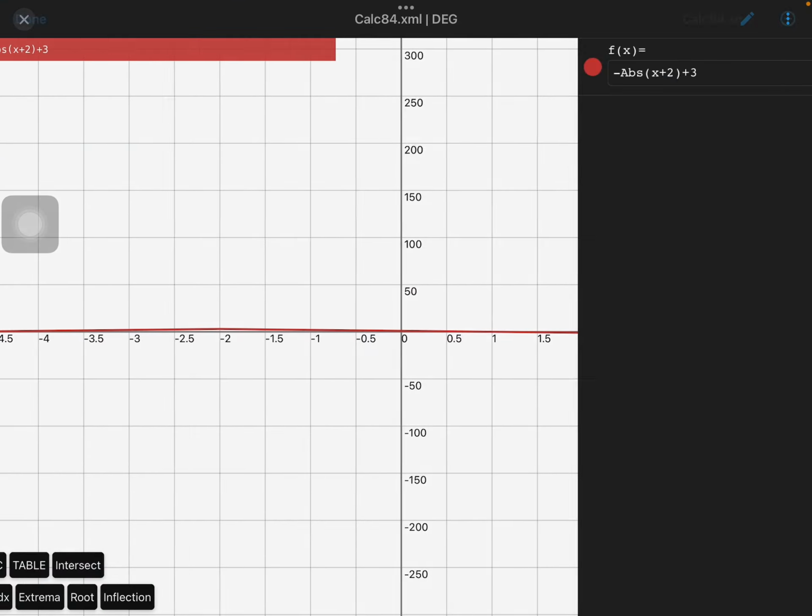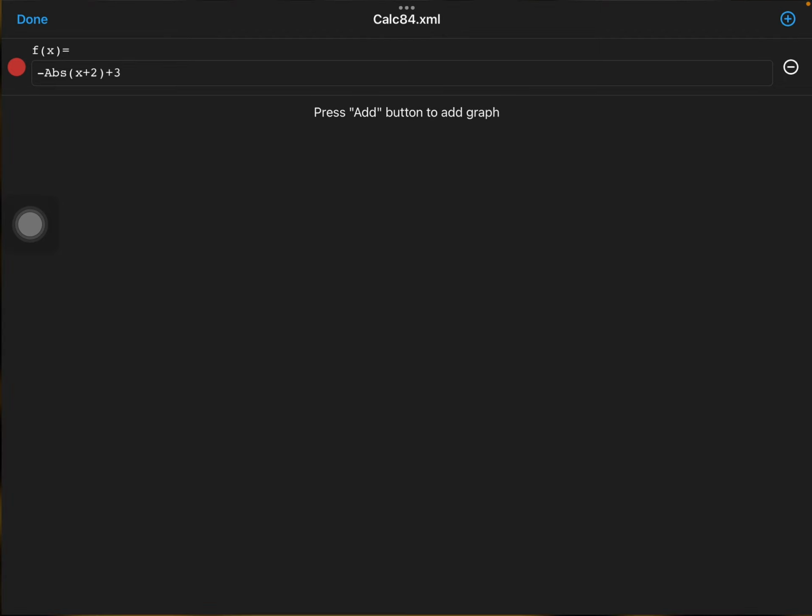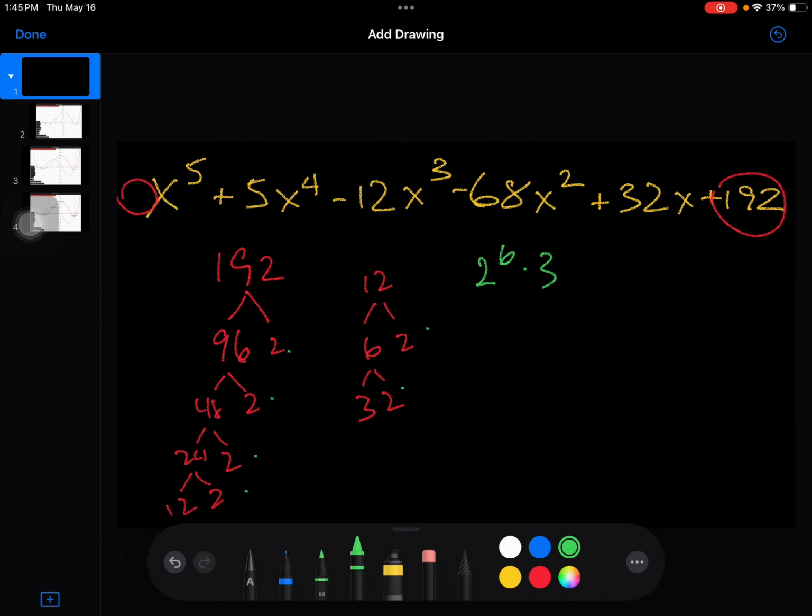So that's good. Now let's list out all of our possible factors. We're going to get plus minus 3, plus minus 1, plus minus 2, and then all the powers of 2 and all the powers of 2 times 3 up to 192, which is a little bit exhaustive, so we're going to skip through some of this.